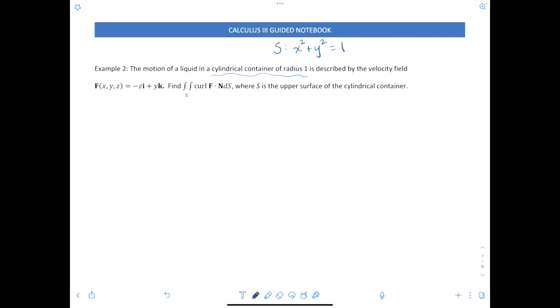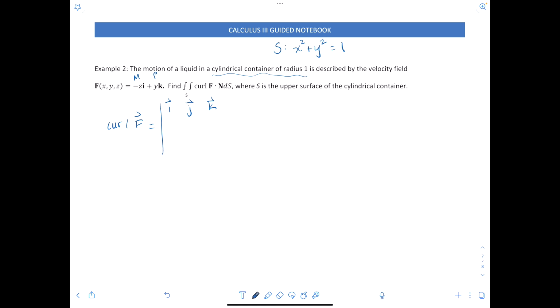So, well, maybe we need to find the curl of f, right? So curl of f will be equal to, again, this is the easiest way to remember it, i, j, and k. This is m and p, because j is zeroed out.